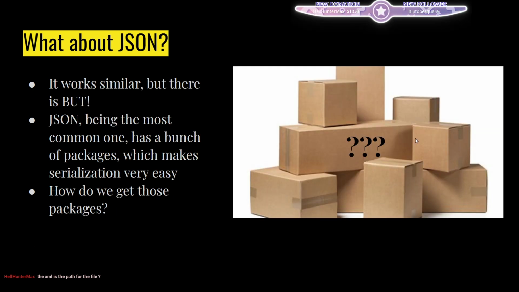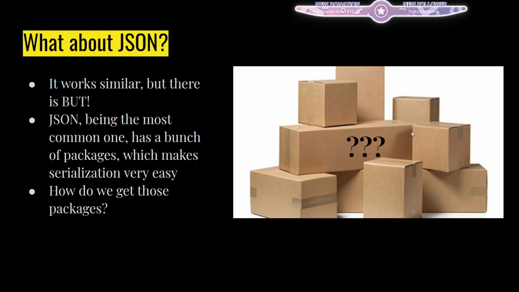So, how do you deserialize JSON? Actually, .NET has its own JSON serializer as well, of course, but that one is pretty much like the XML serializer in that it's not very beginner friendly.